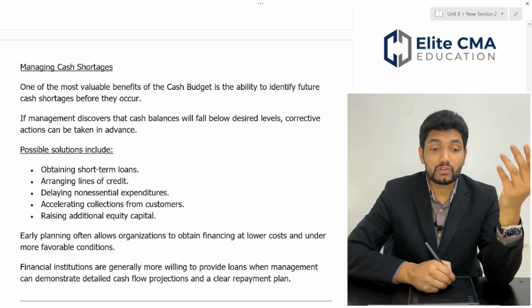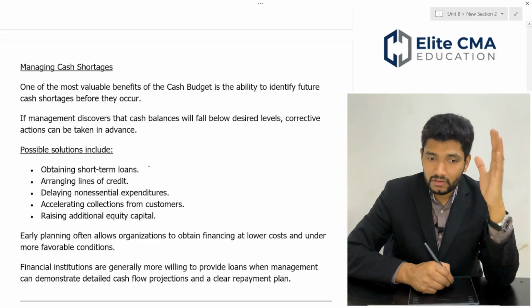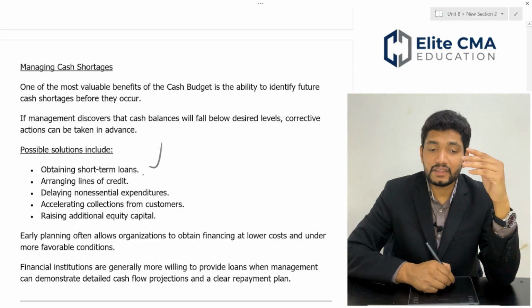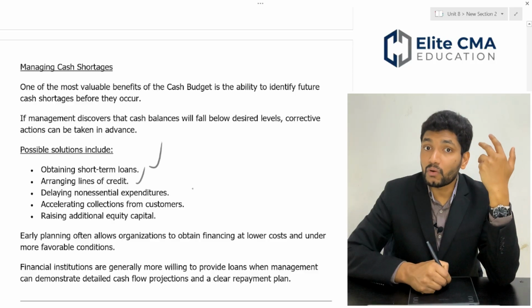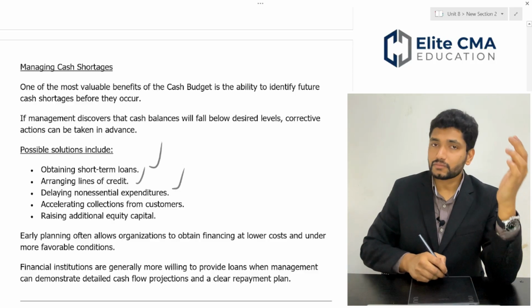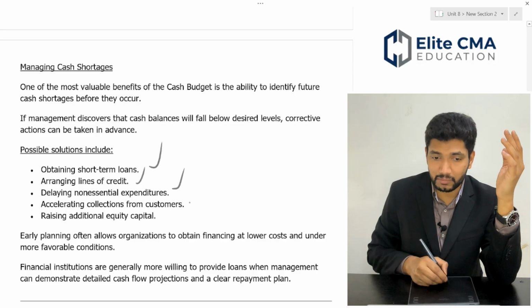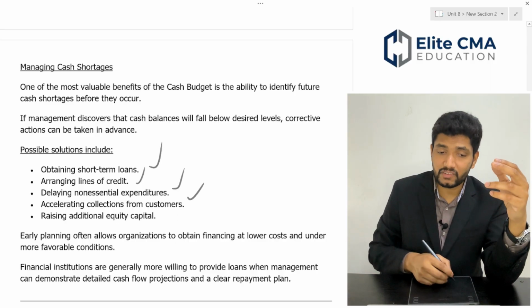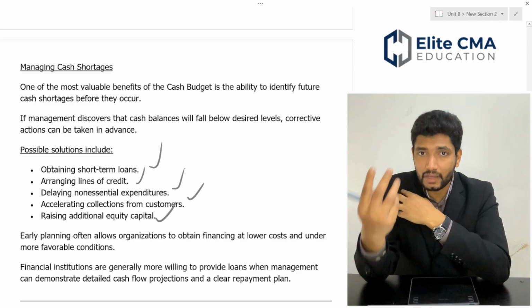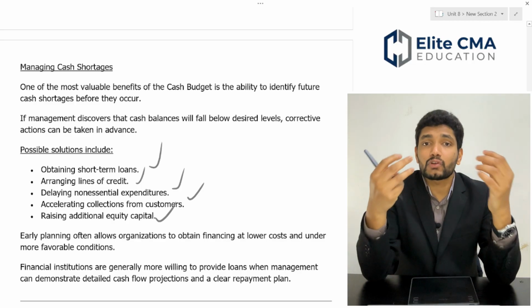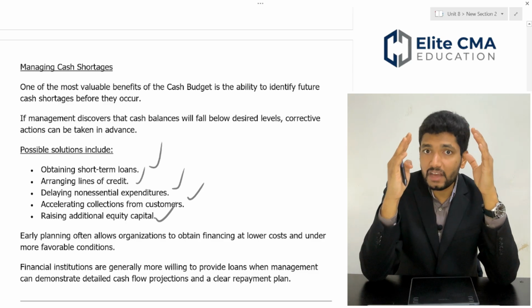So the possible solutions include obtaining short-term loans, arranging a line of credit, delaying non-essential expenditure, accelerating collection from the customers and raising additional equity capital. So these are some ways to close the cash shortage gap.